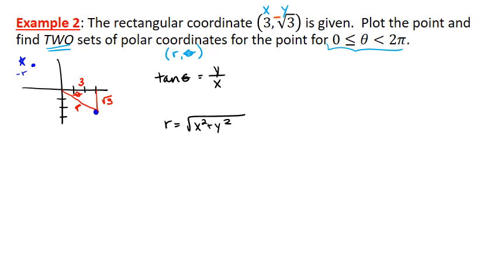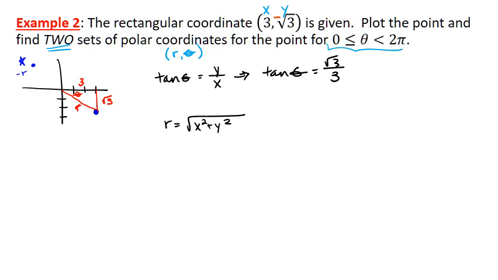Okay, so we have it plotted. Now let's use this information that I've written down from the previous slide. I know that tangent of theta is y over x. So in this case, tangent of theta is equal to the square root of 3 over 3.